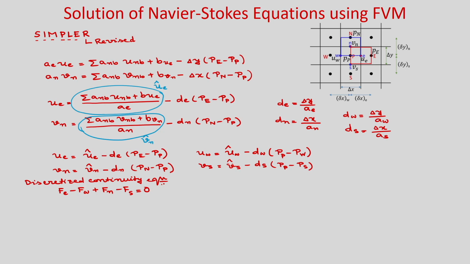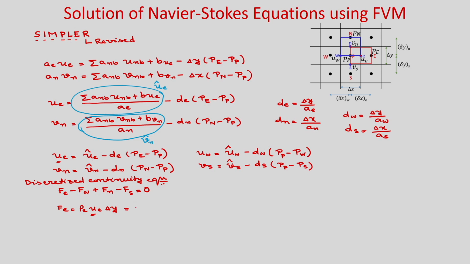Now if you put the mass flow rate F_e equals rho_e u_e A_e, where A_e is delta y, then we substitute u_e as u_e hat minus d_e (P_E minus P_P).